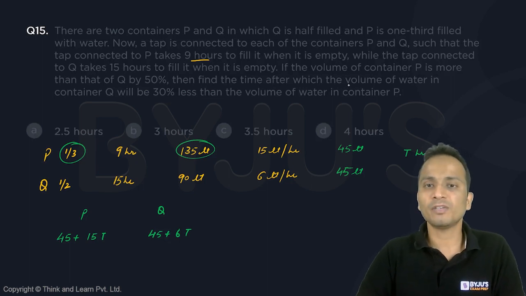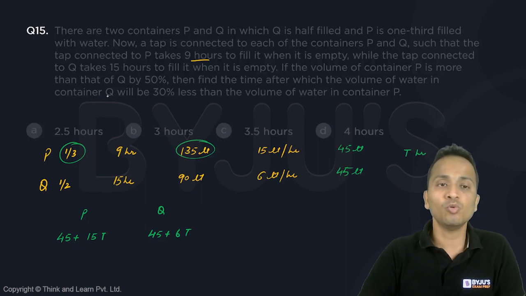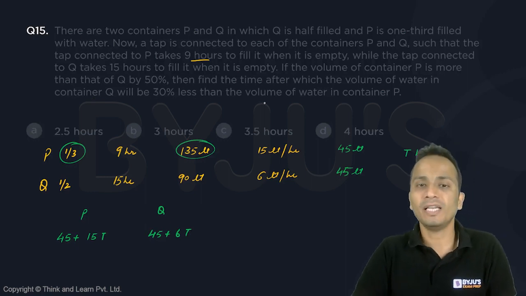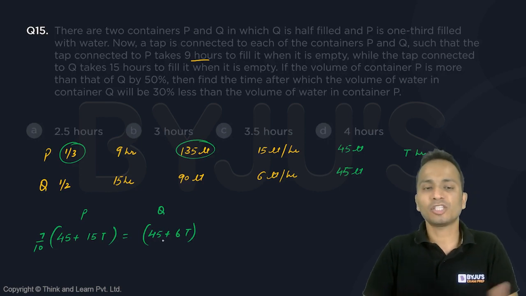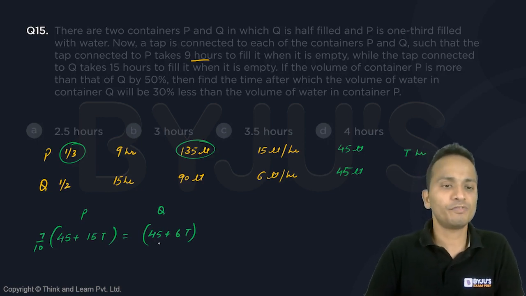At this moment, we have to find when the volume of water in Q will be 30% less than the volume of P. So the volume of water in container Q is 30% less, that means it is 70% of the water in P. I have made the equation, just solve it and find the value of T.